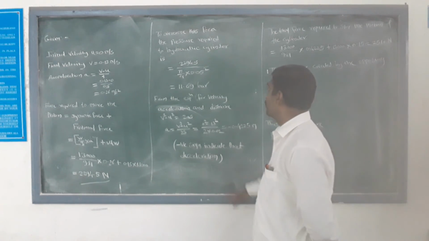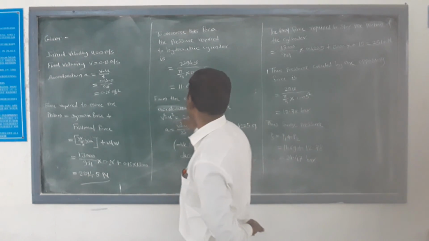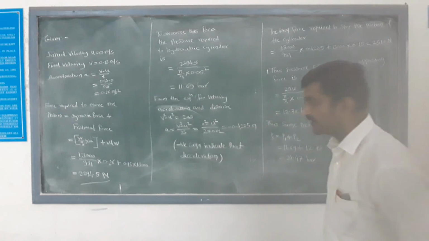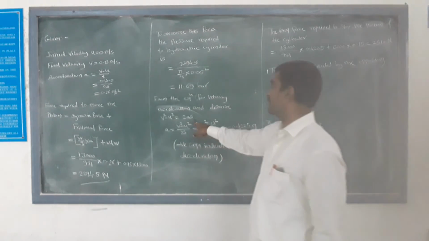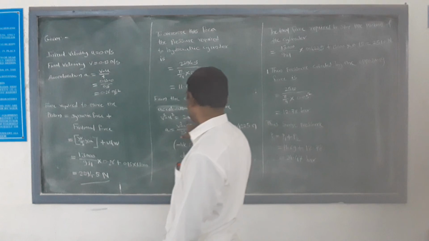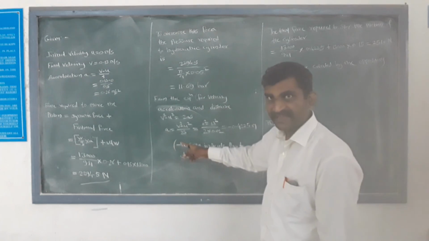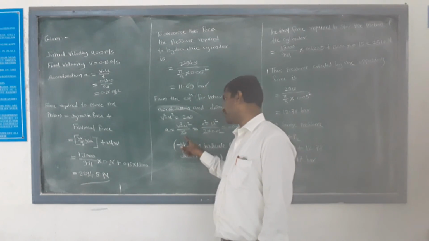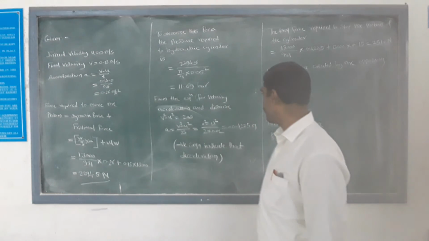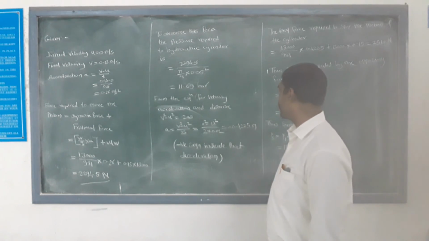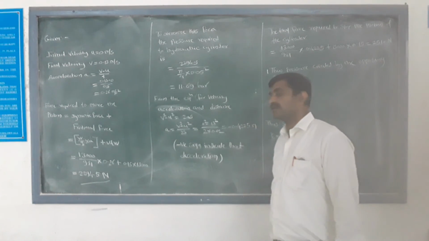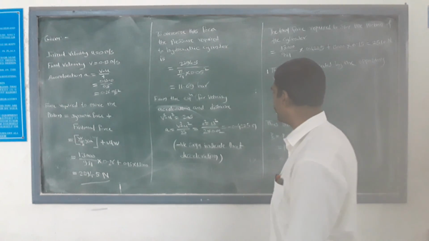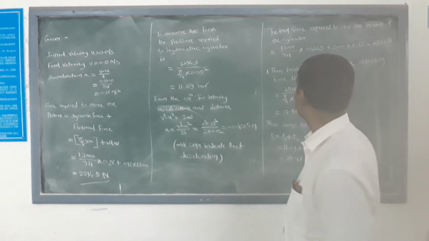After that, from the equation for velocity, acceleration and distance, v squared minus u squared equal to 2as, we find acceleration a equal to v squared minus u squared upon 2s. So we get minus 0.4225. The negative sign indicates that this is deceleration.